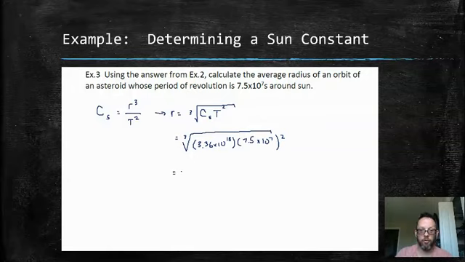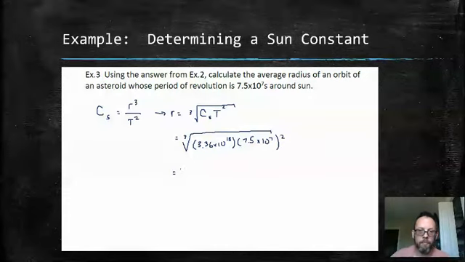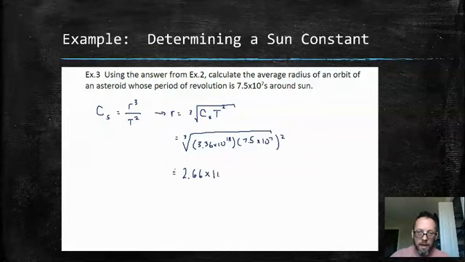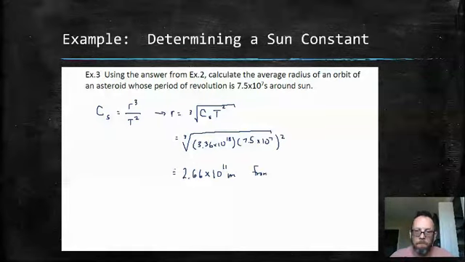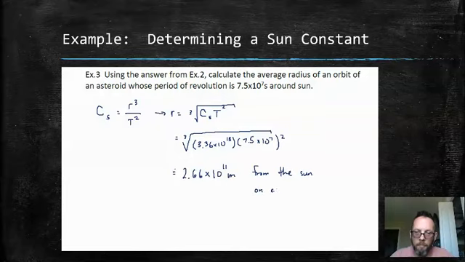When you finish this, maybe compare to your solar system data and see where this asteroid is located. We're doing the third root. So about 2.66 times 10 to the 11 meters from the sun. And again, this is on average.